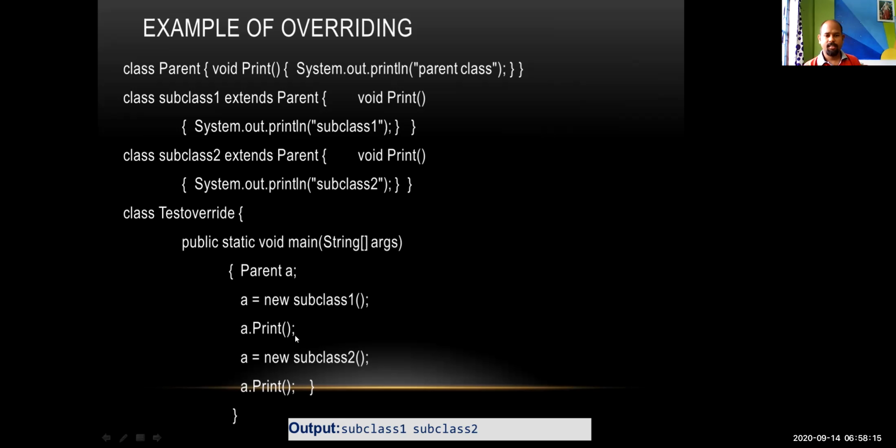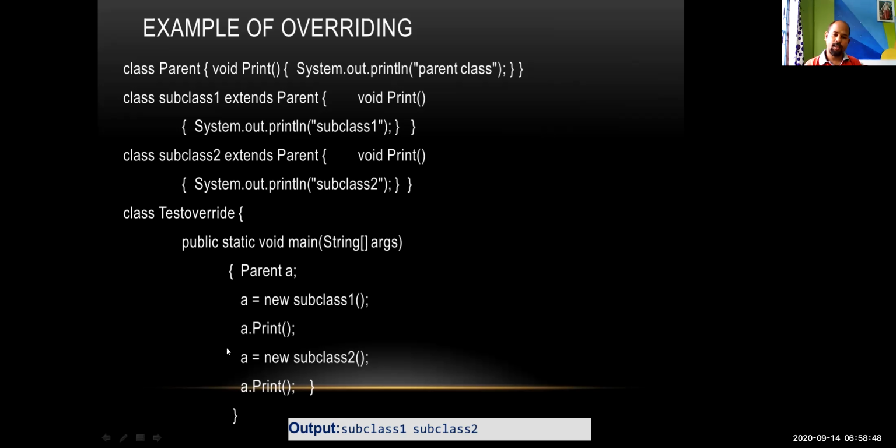But since the method of the derived class has higher preference than the method of the base class, it will call the method of the derived class. So in the output you can see subclass 1 is printed because it's the method of the derived class. Again, the same object is initialized to subclass 2. This is another constructor line.